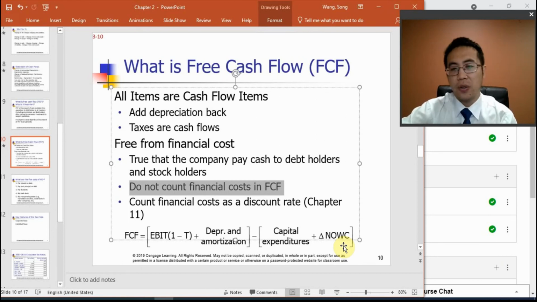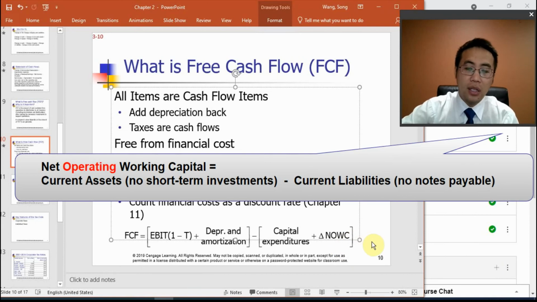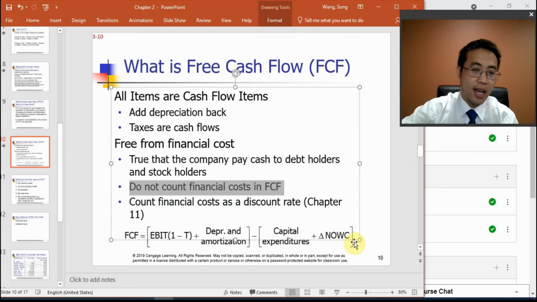So this should be included as part of the net operating working capital. In the category of current assets, there are also short-term investments in securities, and in the category of current liabilities, there are also notes payable, which are not operating related. So we are going to exclude them from this net operating working capital.